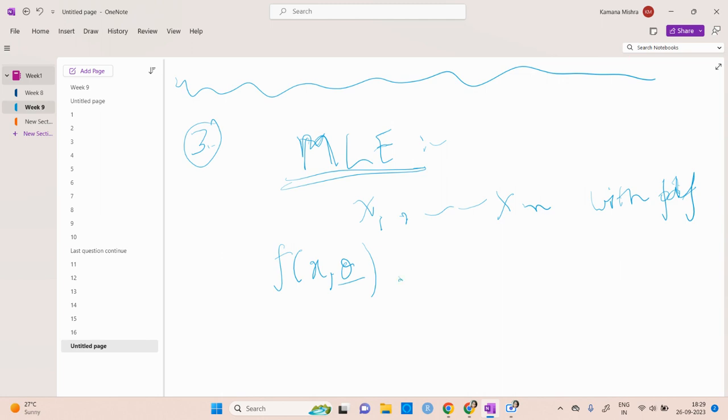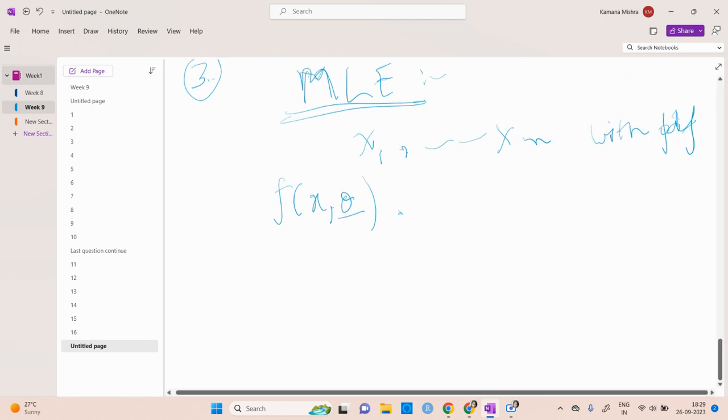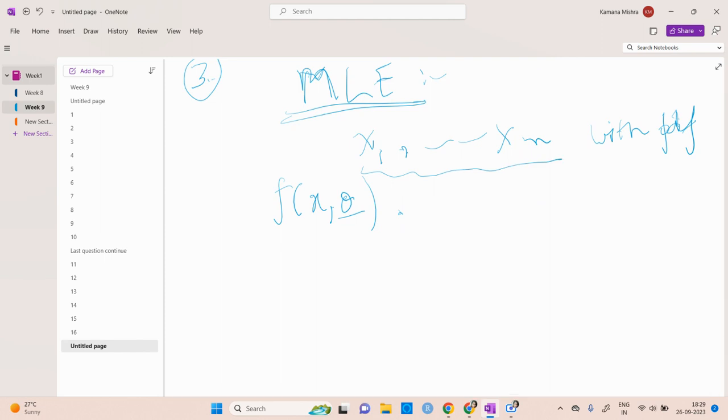Now the joint PDF, if we say for n samples, is x1, x2 up to xn. All are random variables and all are independent. So what is the joint distribution?